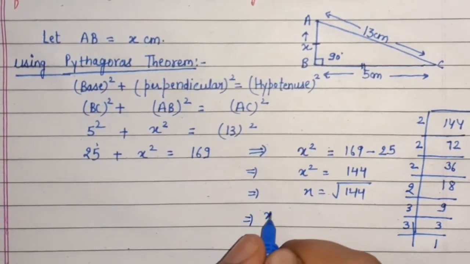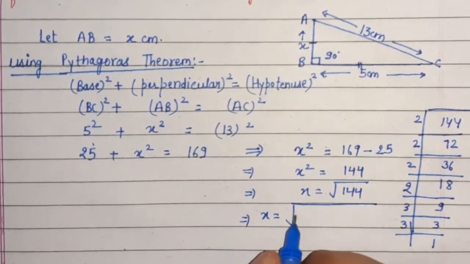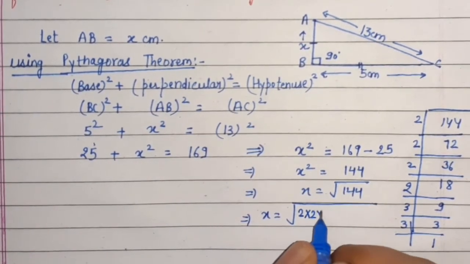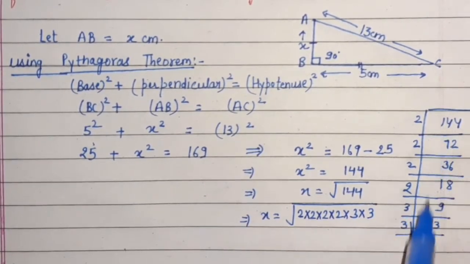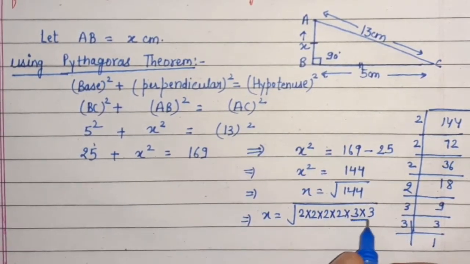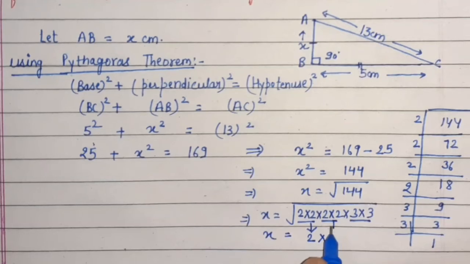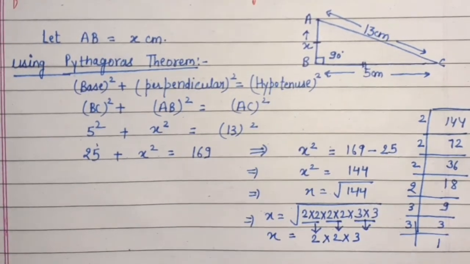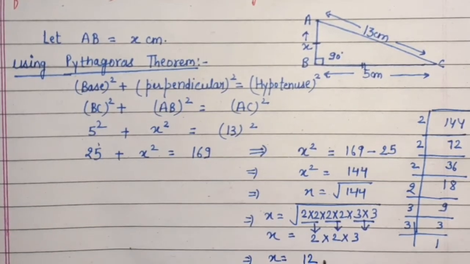Now you can write, we know that square root of 144 is 12, but we have to show the prime factors. 2 into 2 into 2 into 2 into 3 into 3. It is your choice, you can do with division method also. Now pairing, after that X equals to 2 outside, again 2 outside from square root, and this 3. So now X equals to 2 2 is a 4, 3 is a 12 centimeter.